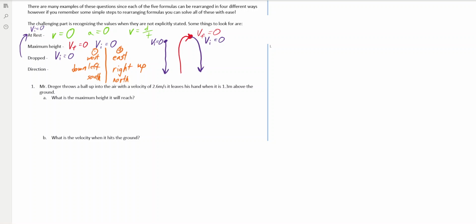However, what I will say is those are generalizations. Even better than that is we say the direction of movement is positive. Direction of motion is usually what we call positive. So if something is moving to the right, we say that's positive.